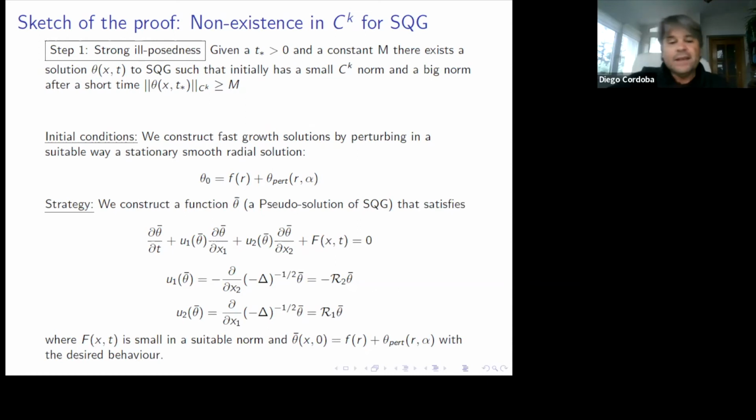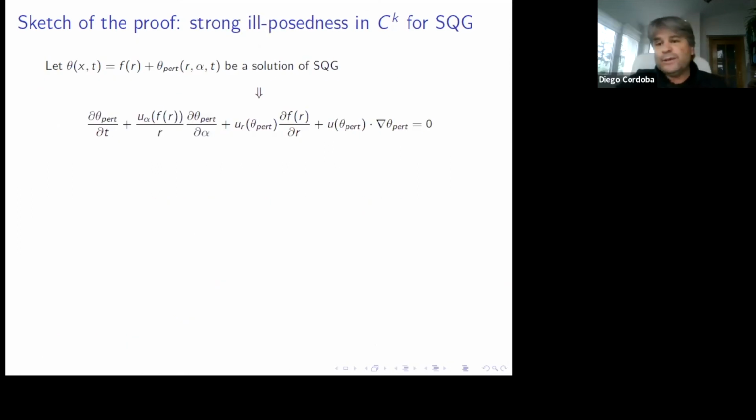So we're going to construct a pseudo solution. How to do this? Our solution is going to be a radial plus a perturbation. We plug this in the SQG equations, and that's exactly what appears when you plug the solution in the equation.